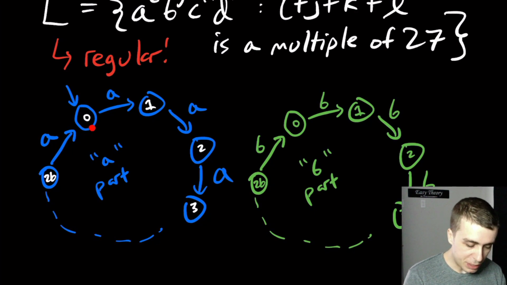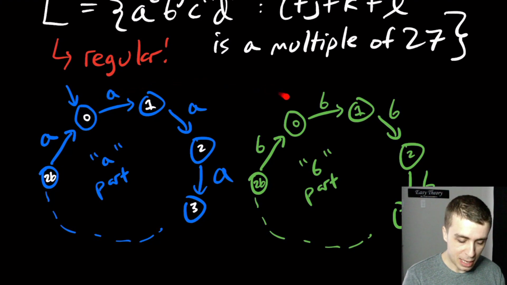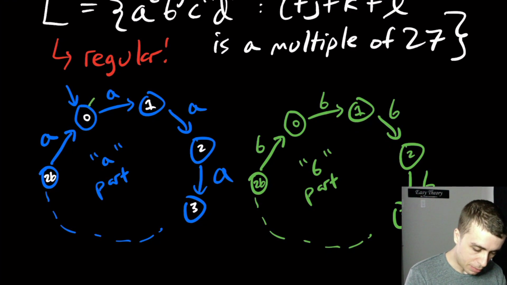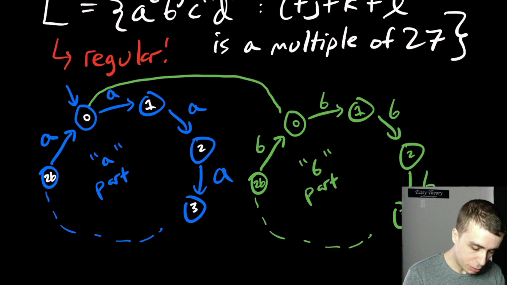Then what we do is we say, okay, well, if we have exactly this number of A's so far, then if I want to start reading the B part, then I should go to the corresponding state over here. So what I'm going to do is I'm going to supplant this with epsilon transitions.